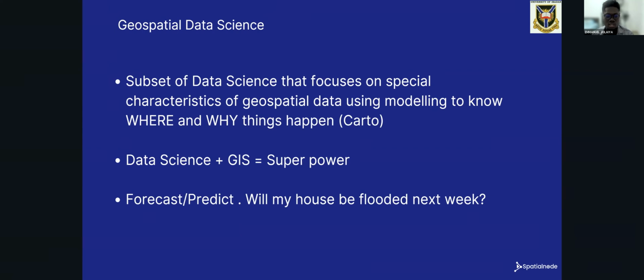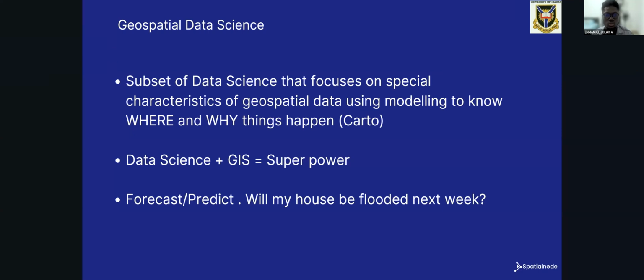Normally in data science, you forecast and make predictions with the help of machine learning and AI. You can still do the same thing with geospatial data science, but this time you are making predictions for where, like where will flooding happen next year, for example. Say we had predicted that there would be flooding in Lokoja this year, maybe last year.